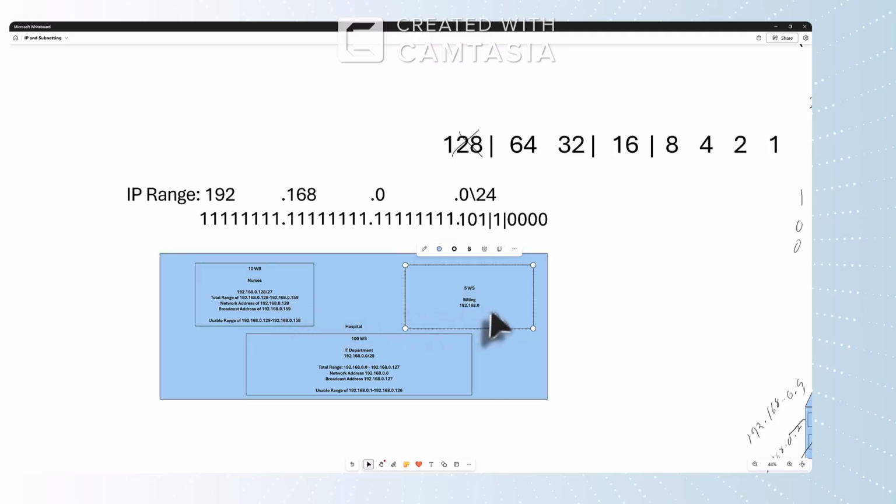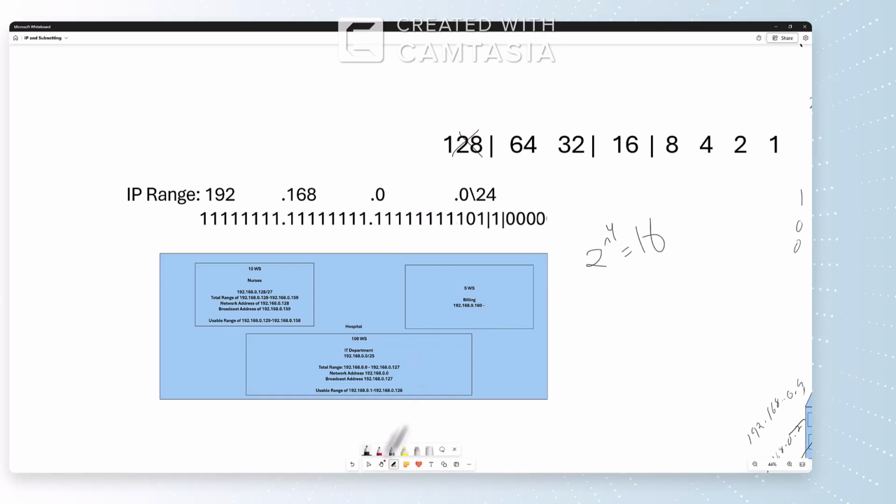In this one, it left off at 159. So we're going to do 0.160. And we're going to go 2 to find what the end range is. You do the same math. 2 to the power of the bits on the right. 1, 2, 3, 4. 2 to the 4th power is going to be 16. Equals 16. That's the number that we wanted.